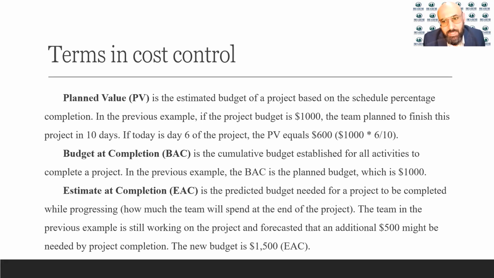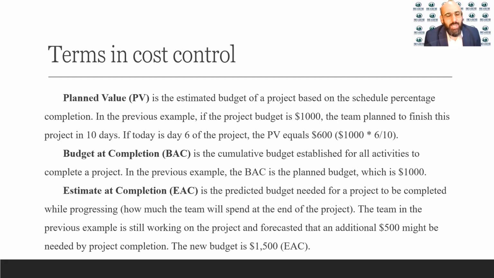Where did we get the $600? Because it's a $1,000 whole budget for the project. We are planning to finish this project in 10 days. Therefore, we are planning to spend about $100 every day. So the planned value for 6 days would be 100 times 6, which equals $600.